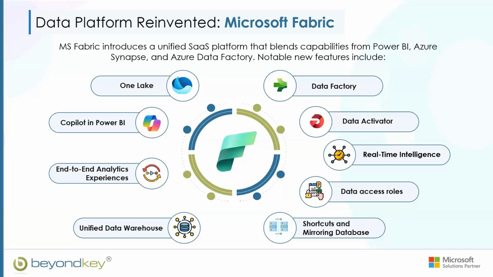But there is an option where you create a shortcut and leave the data where it is, but it looks uniform, logically, like a single source in modeling, while the data remains where it is. And we have shortcuts to S3 and so many other data storage, right?